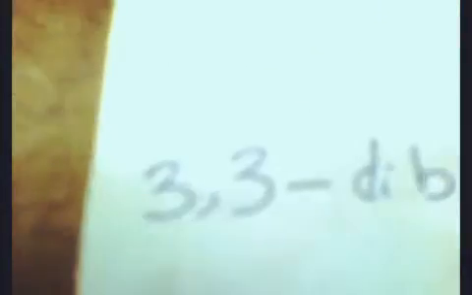So we have 3,3-dibromo. Then we are through with the bromine. Now we have a chlorine on carbon 2 and another chlorine on carbon 4. So we have 2,4-dichloro.